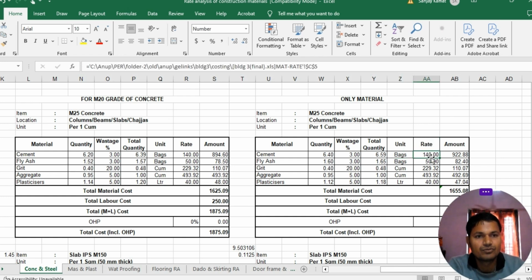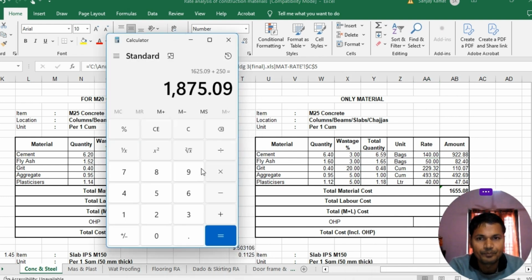And the rate will be 140, and then multiply this 140 into 6.59.